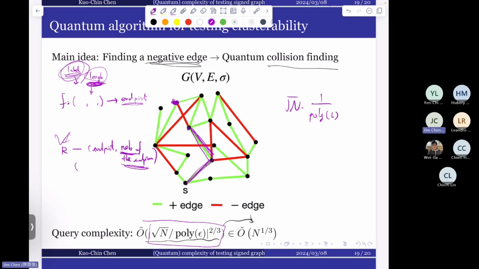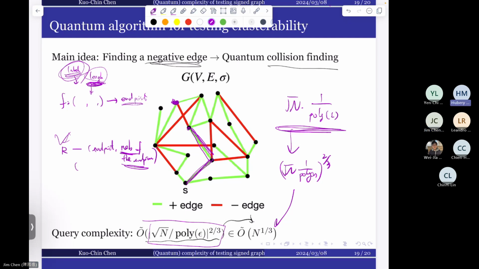Overall, we can make a quantum speedup for finding such a collision with this scale of n^(2/3), which is the query complexity shown here.